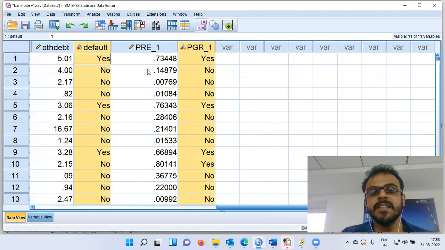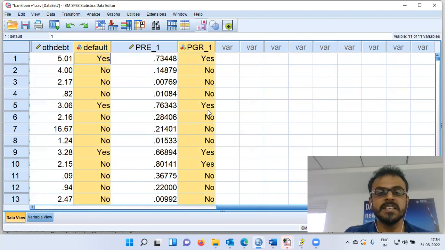Look at the second, no and no, which means the second individual has been correctly classified. Third customer, no and no. Actual is no, predicted is also no, which is the correct classification. Fourth is a good classification because it is no versus no. Fifth one is yes versus yes. And therefore, you can call this a correct classification.